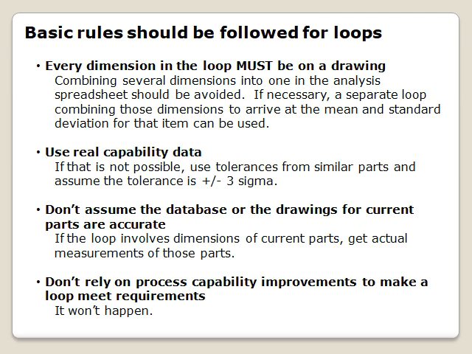Every dimension in the loop must be on a drawing. Use real capability data. Don't assume the data or the drawing for current parts are accurate. Don't rely on process capability improvements to make a loop meet requirement.